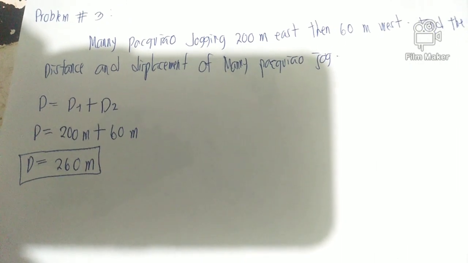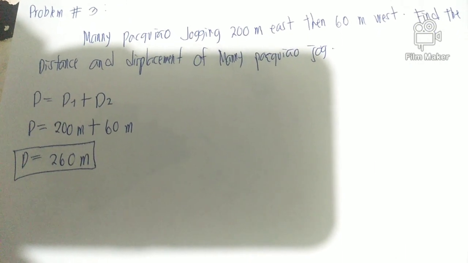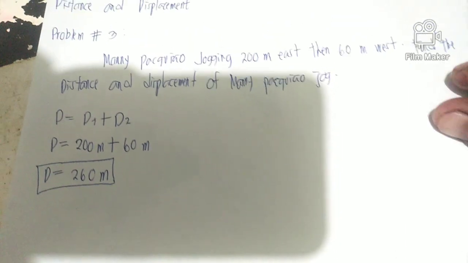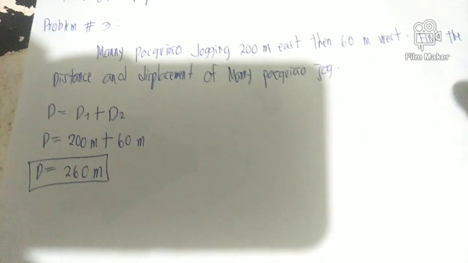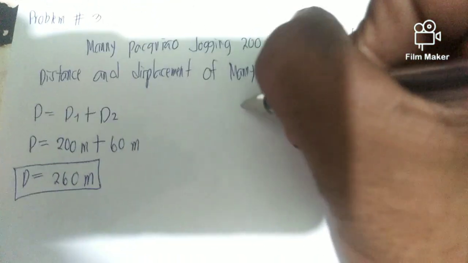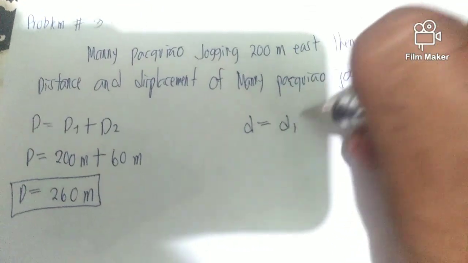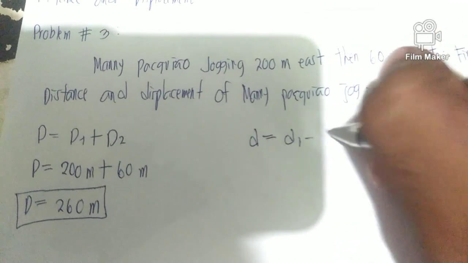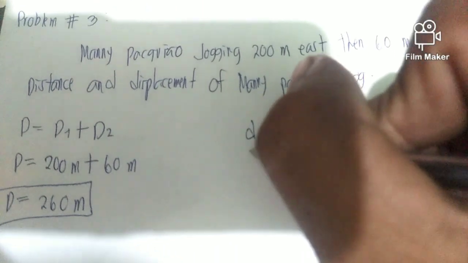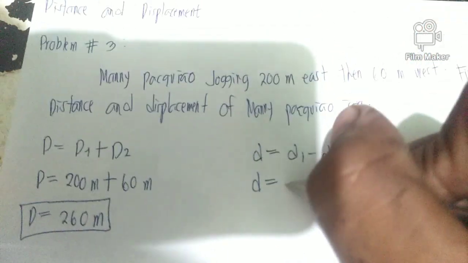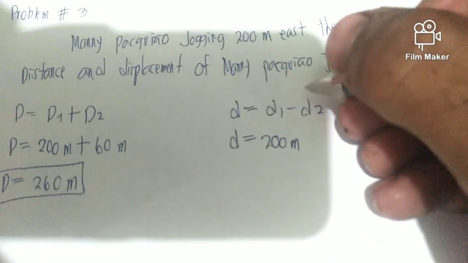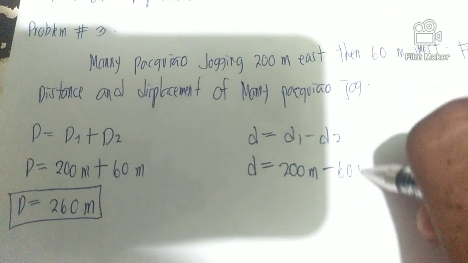So let's find the displacement. So displacement equals D1 minus D2. Displacement equals 200 meters minus 60 meters.